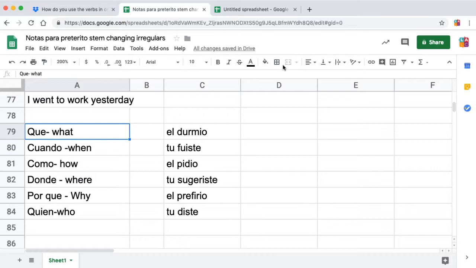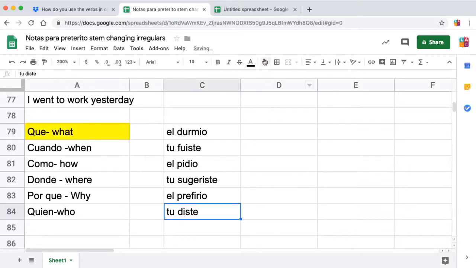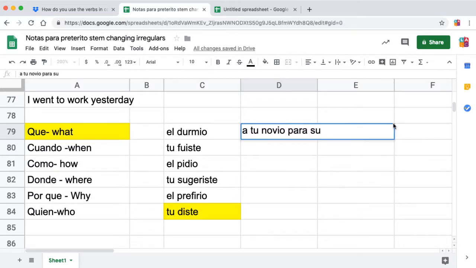Por ejemplo, que tú diste means you gave, a tu, no sé, que tú diste a tu novio, your boyfriend, para su cumpleaños, okay? Or para Navidad, let's say.